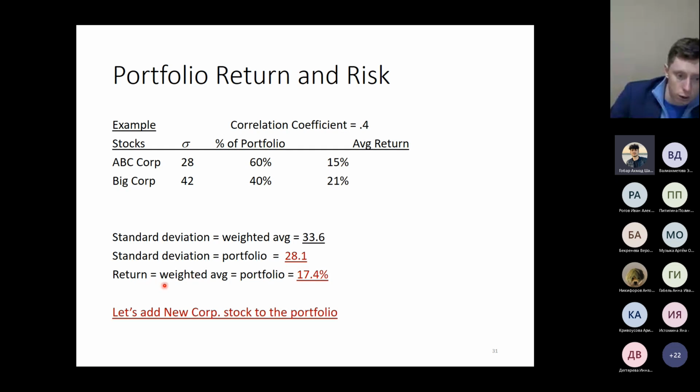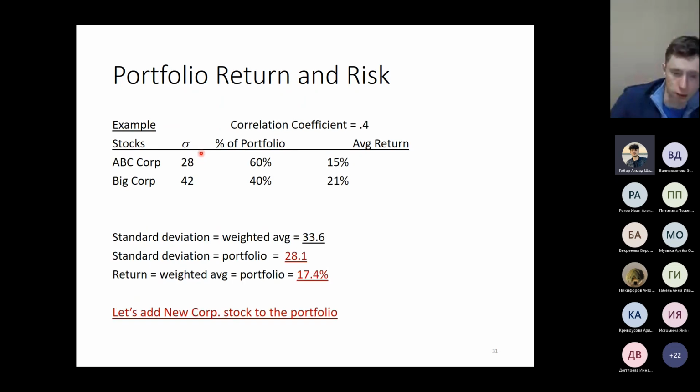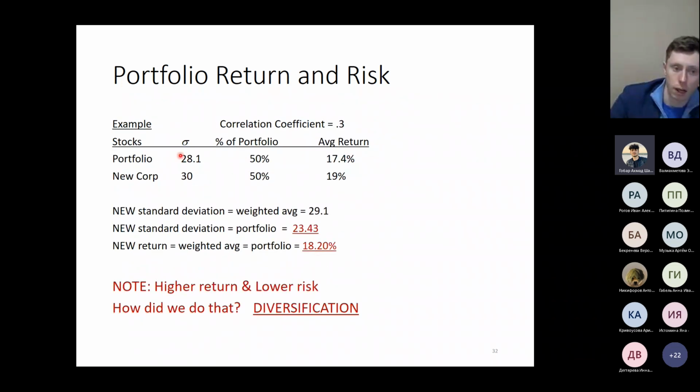And the return of the portfolio is 17.4. This is something we always estimate with a weighted average. Now we go to the next step, and we already have this portfolio. These are the results we just estimated, 28.1 and 17.4. They are here, and this is the portfolio.